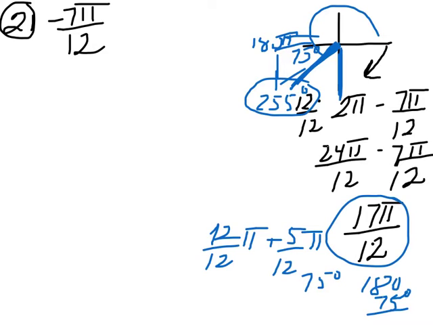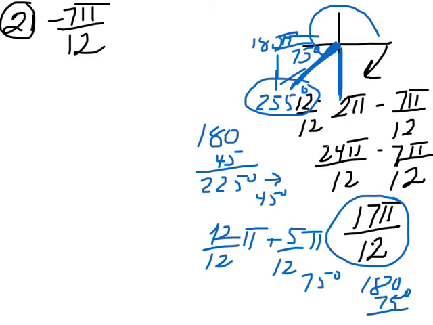Now, one thing that might be helpful, if I look at what's the middle of this third quadrant here? 180 and 45. If I had a 45-degree reference angle there, that would get me to 225, right? And so that has a 45-degree reference angle.